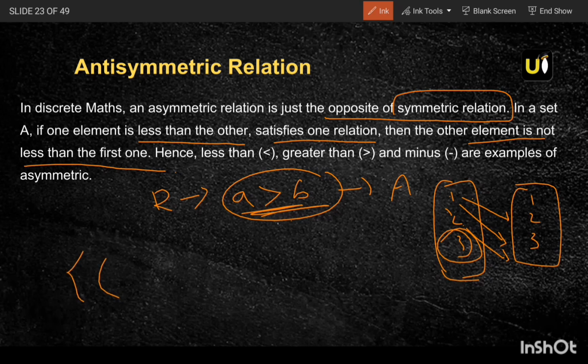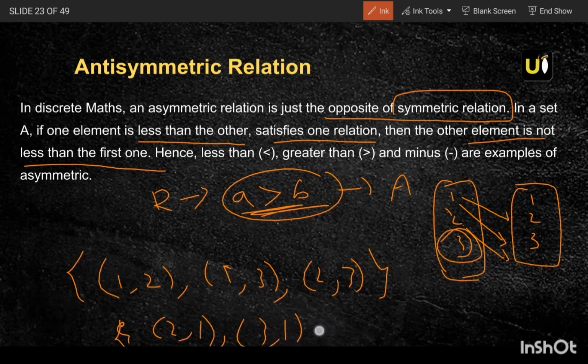So the elements of this particular set are (1,2), (1,3), (2,3). That's it. Here we cannot write (2,1) and (3,1) as elements because 1 is less than 2, but 2 less than 1, this condition is not satisfied.